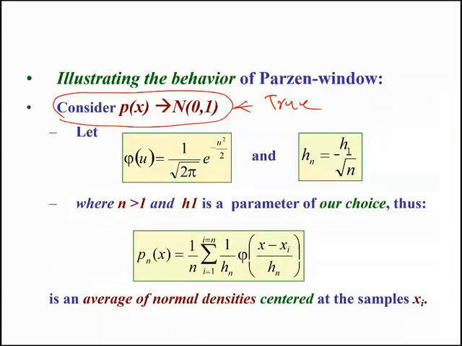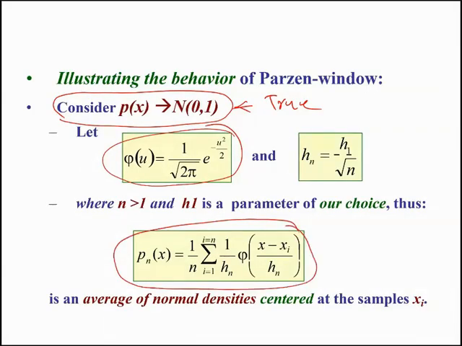So assume that we have a distribution which is really normal with variance 1, and we are using the Gaussian window here instead of rectangular. So we are using a Gaussian window, and we will find out the probability density estimation using the same equation or using same parzen method.